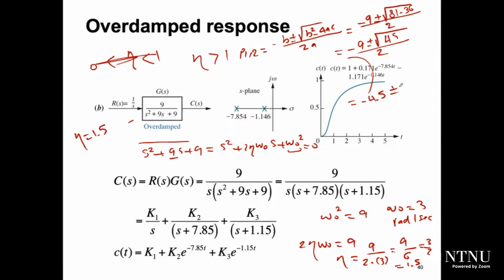Plus or minus the square root of 45 is about 6.7, divided by 2, so it will be 3.35.